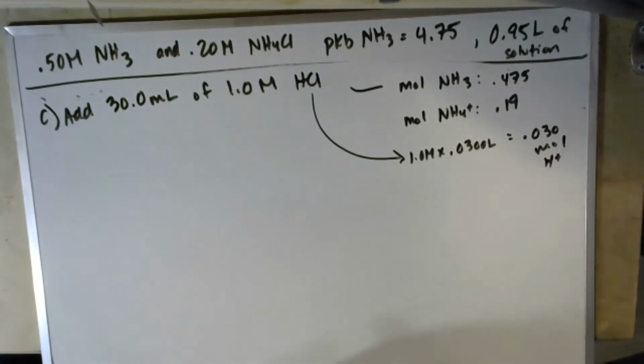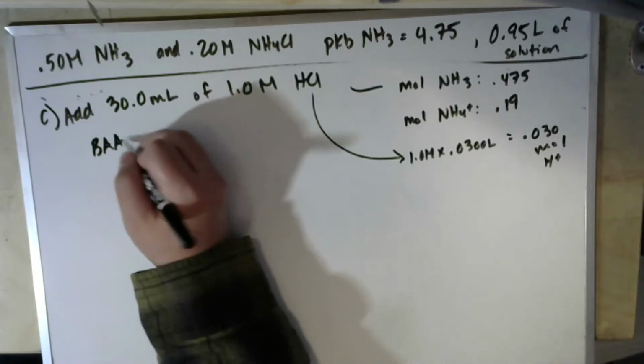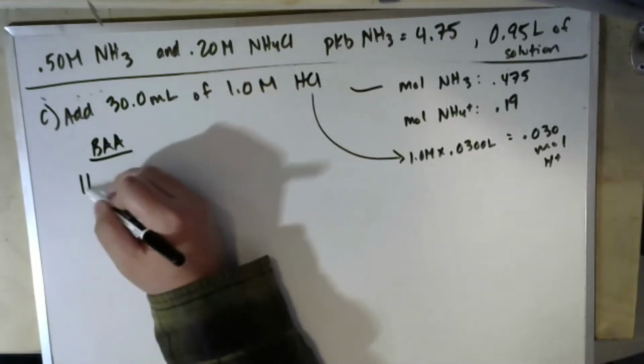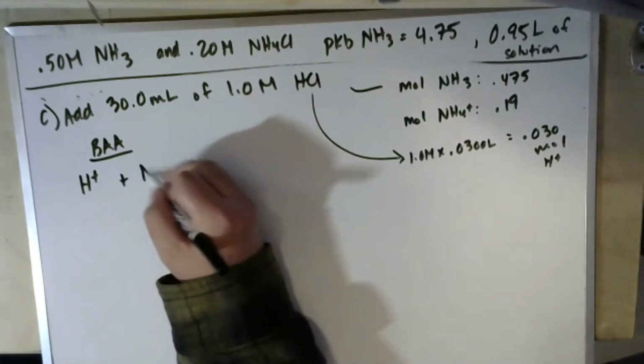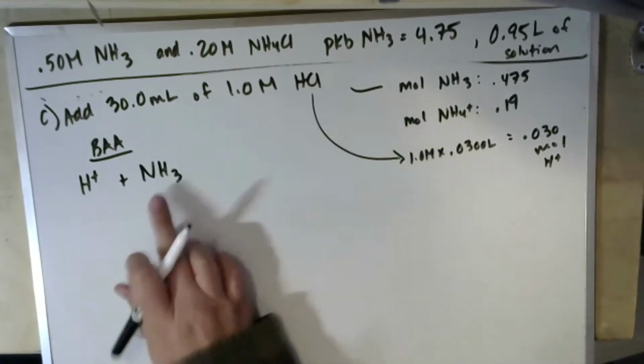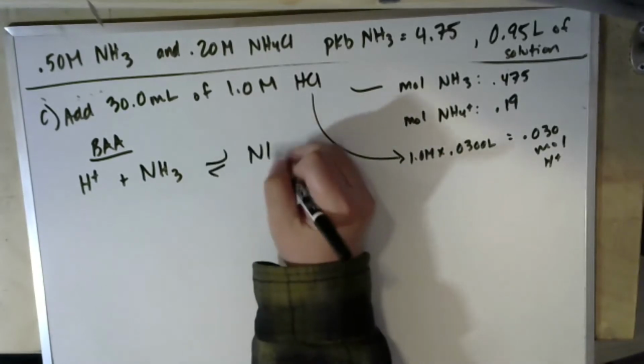Okay, and again, here we have to ask, what is this HCl going to be reacting with? It's an acid, it's going to want to react with the basic component here. So for my BCA table, I'm going to be adding H+. That H+ is going to react with the basic part of my buffer, the NH3, and that's going to form some NH4+.